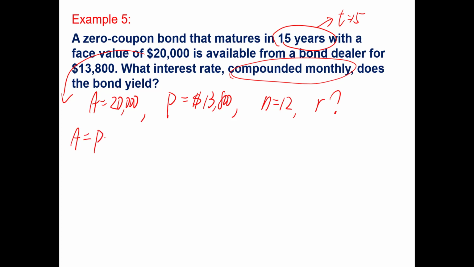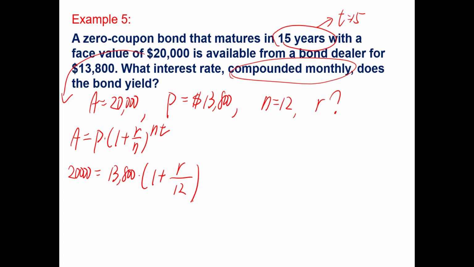F equals P times 1 plus r over n to the nt. Replace everything: 20,000 goes in there, present value is 13,800, plus the rate, which is what we're looking for, over 12, and that's 12 times 15, which is 180.